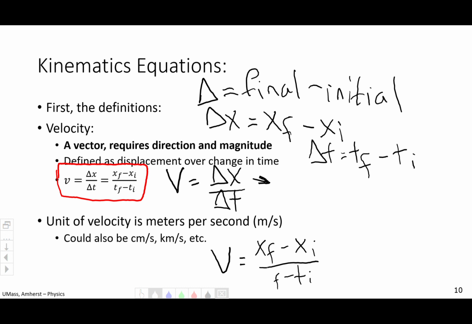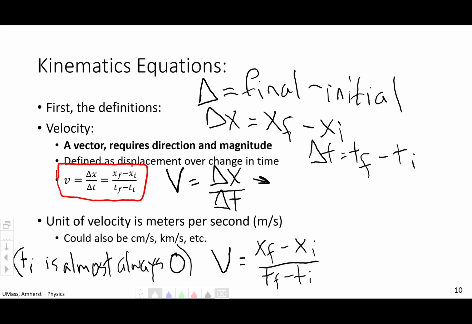Now, one thing to note as well is t initial is almost always 0. So typically your t initial is going to be right when you start your timer, right when you start timing whatever it is that you're timing.